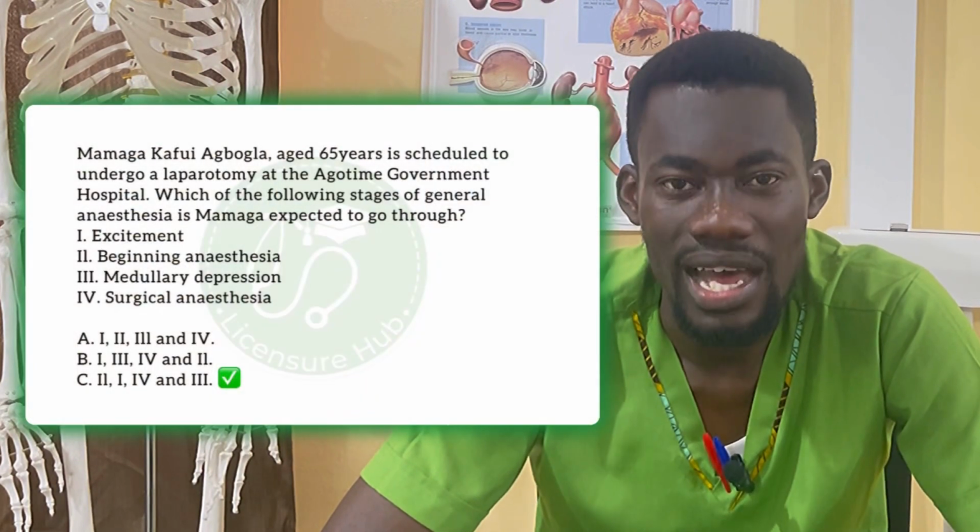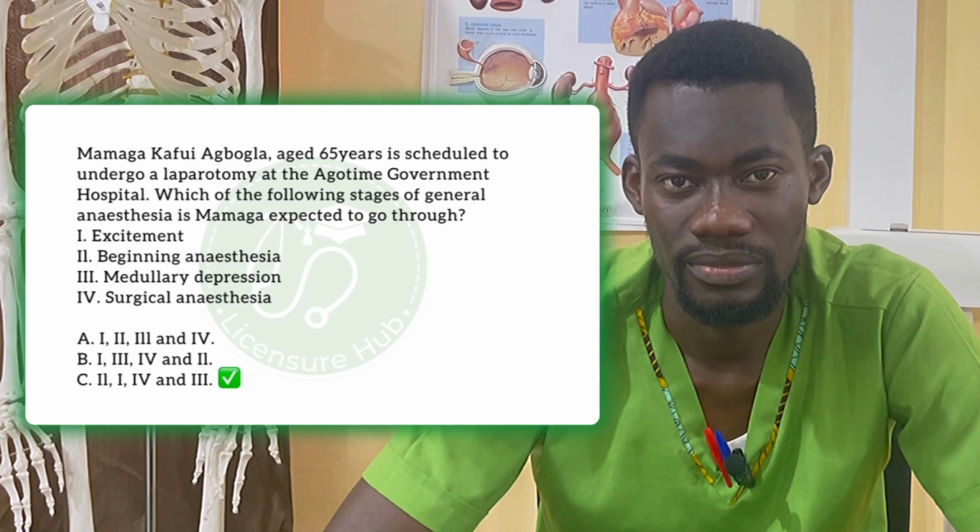The patient is going to go through the first stage, which is the beginning anesthesia. The second stage will be the excitement stage. The third stage will be the surgical anesthesia stage. And the fourth stage will be the medullary paralysis or depression. And so per this explanation, we will have no choice but to have option C as our correct answer.